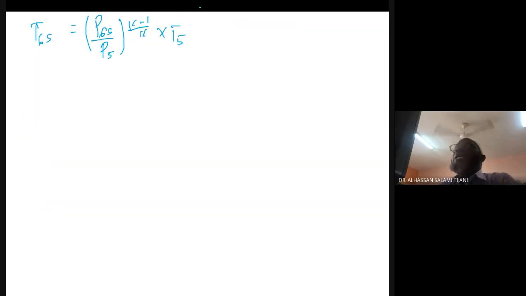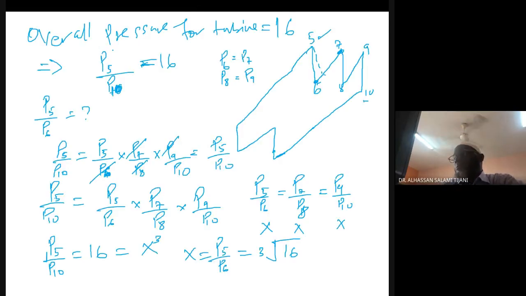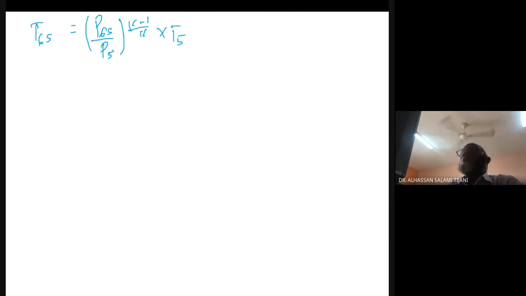So now we know already that P5 over P6 is equal to the cube root of 16.